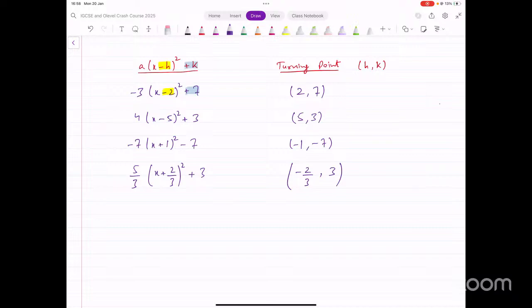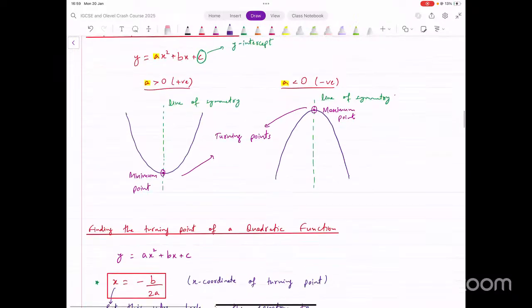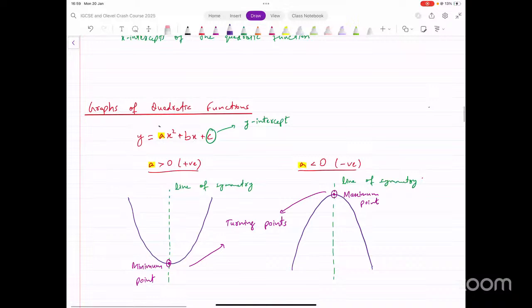Okay, and now how do we know if the turning point is a maximum point or a minimum point? That is going to be determined by this number outside, a. Remember the shapes of the quadratic functions. If it's a U-shaped curve, the coefficient of x squared is positive.